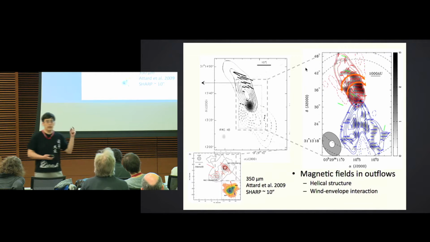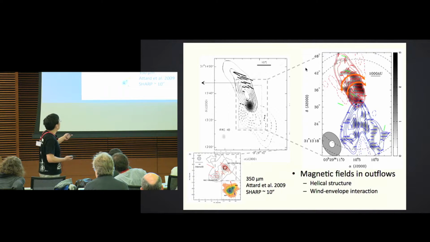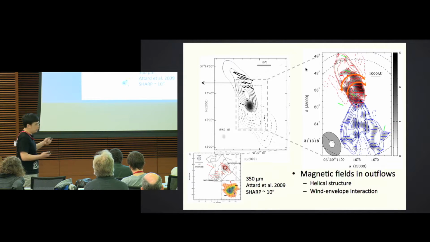So what is the magnetic field that we show from the outflow? If we compare this magnetic field structure with the dust polarization of the envelope, the field direction is very different from this cloud or this hourglass source.